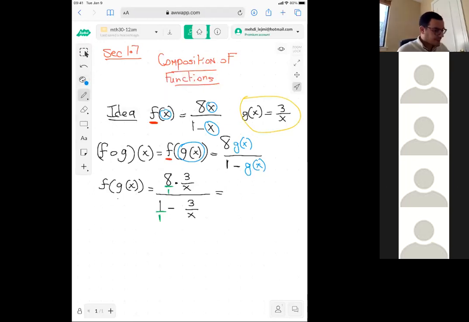Wait, Professor. So next to the 8, there's a parenthesis, right? Yeah, 8 and g of x. This is 8 times g of x.